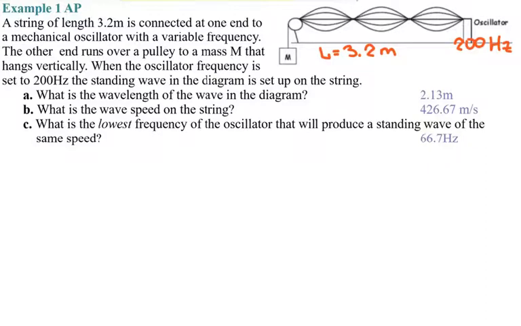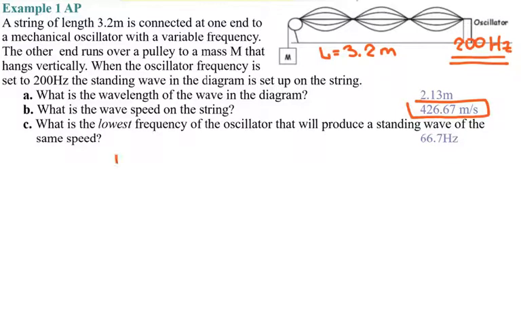What is the lowest frequency of the oscillator that will produce a standing wave of the same speed? The speed we're going to use is the same, 426. And what is the lowest frequency? They're changing the frequency of the oscillator, and they want the lowest frequency needed to produce a standing wave.